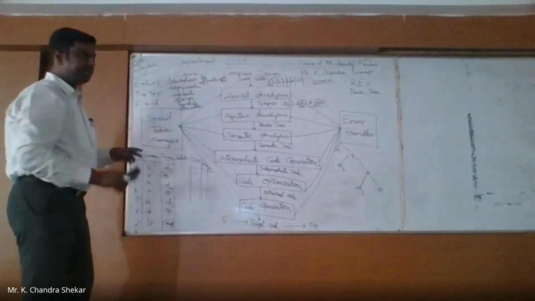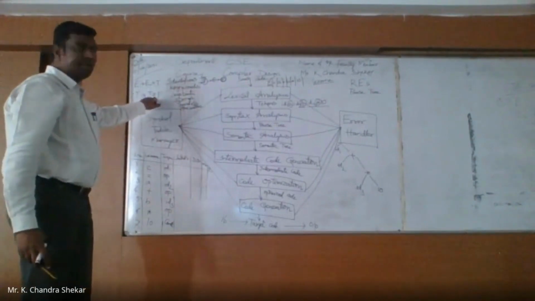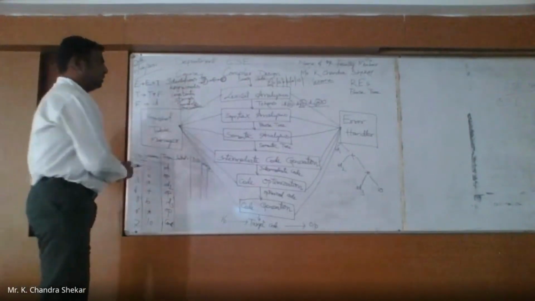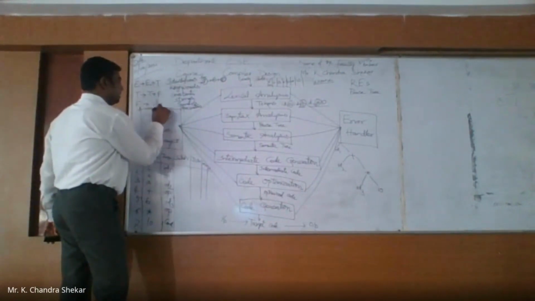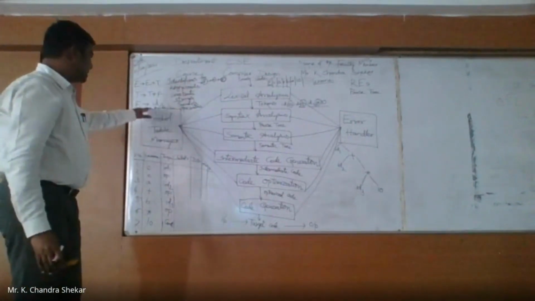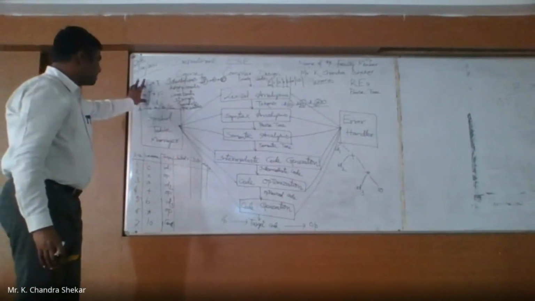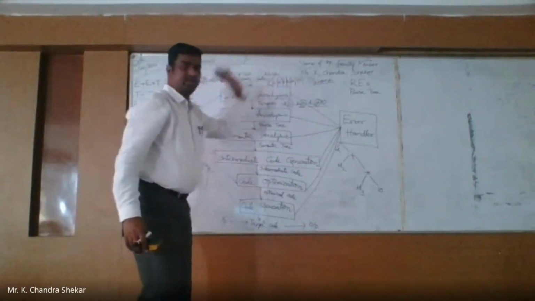Do you recollect this grammar? Where ID can be A or B or C. From this grammar itself I got what I have taken: C equal to A plus B into 10.